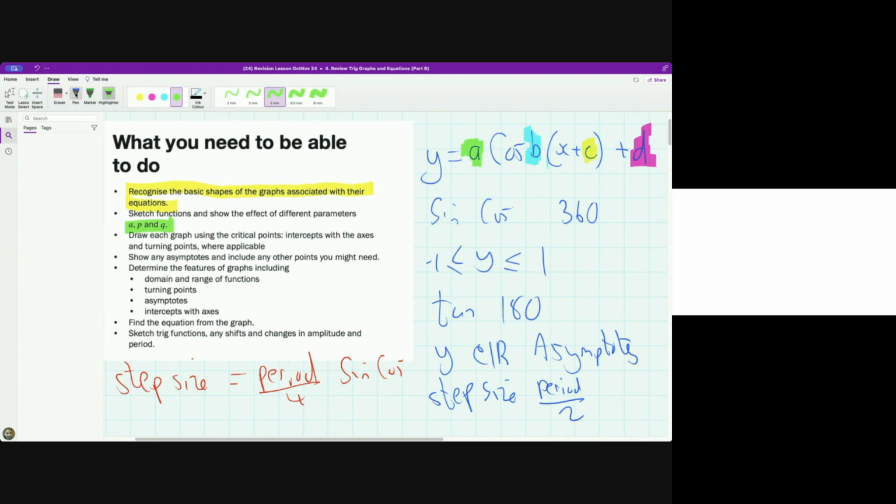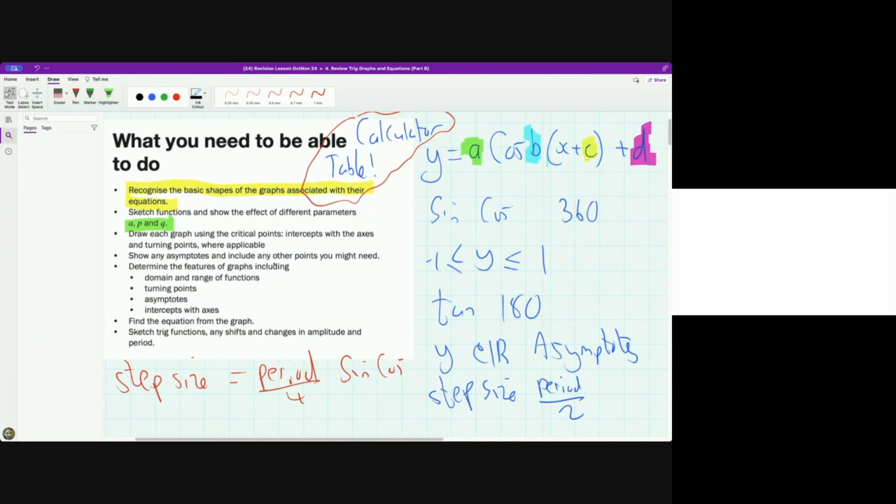And then the other thing that we used a lot was our calculator, and we used the table mode on our calculator. So give me a thumbs up if you know how to use the table mode on your calculator. Thumbs down if you don't.